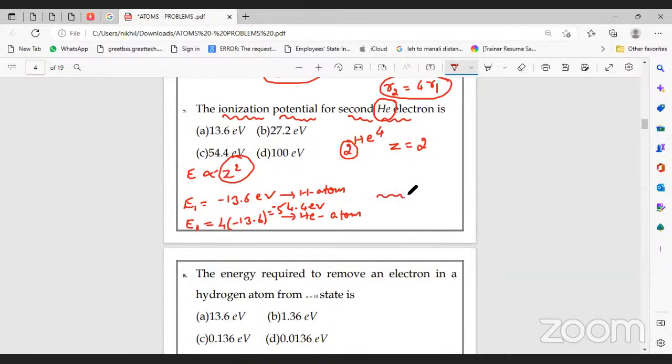Now, if there is an electron in this helium, to remove this electron, how much energy is required?